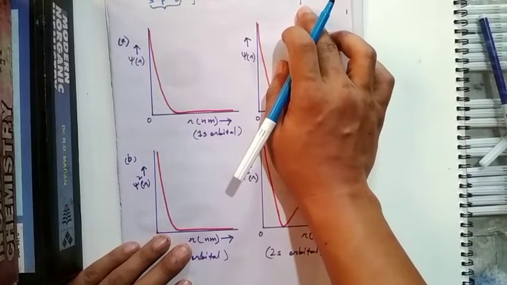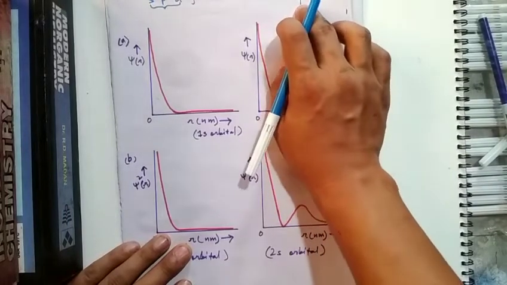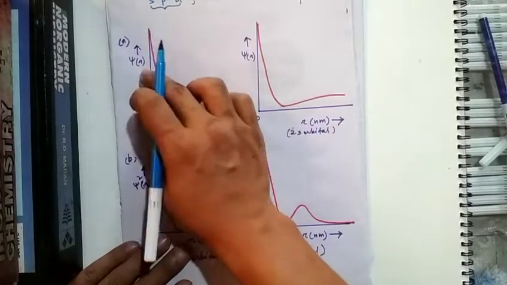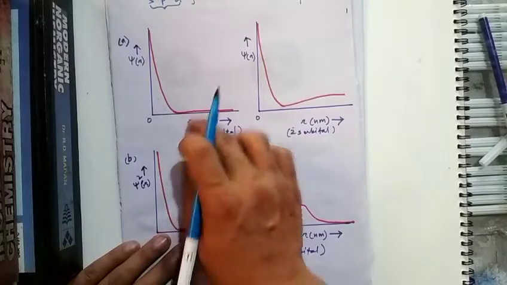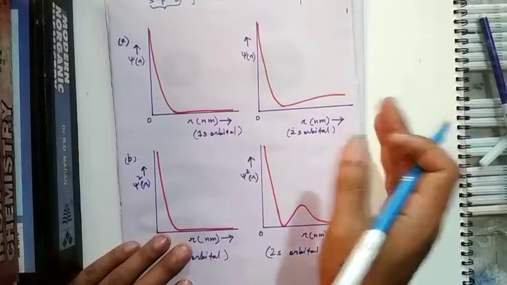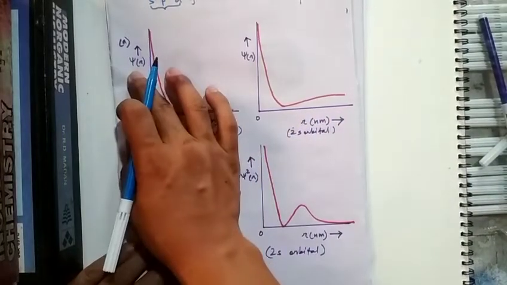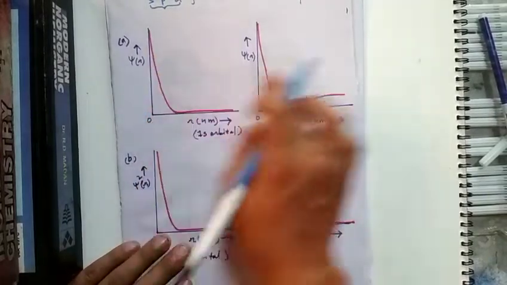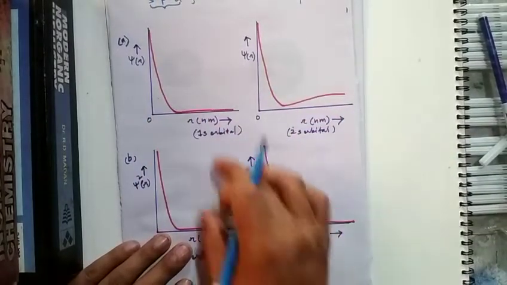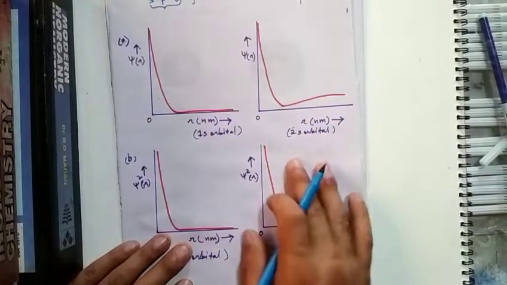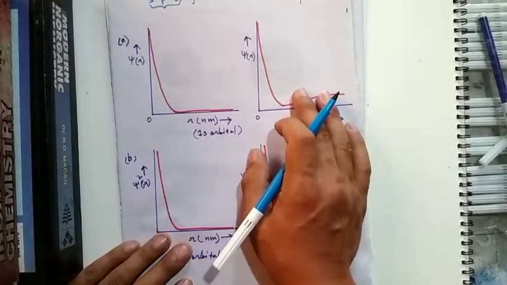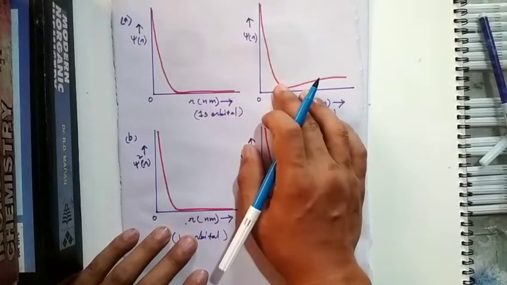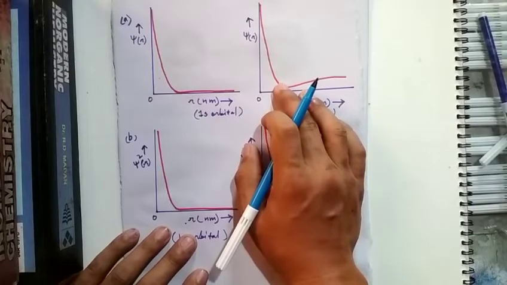When this function psi, as a function of radius, is plotted against the radius of an atom, we get this graph, psi versus r, as shown here. I've already drawn this graph in order to save time.